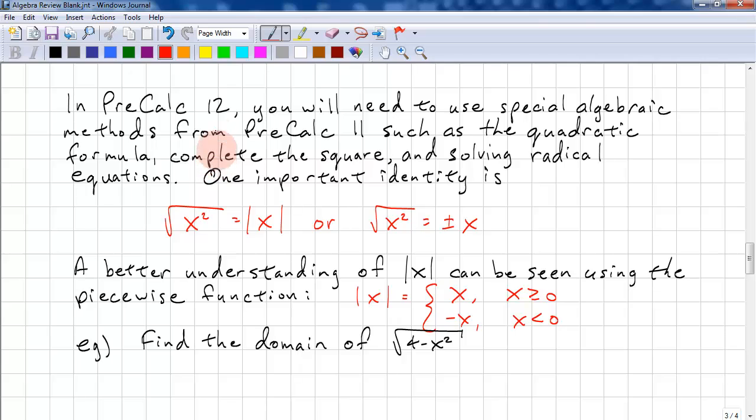Now, in Pre-Calc 12, you need to use some special algebraic methods from Pre-Calc 11, such as the quadratic formula, complete the square, and solving radical equations. And one important identity that you need to remember is the square root of x squared is the absolute value of x. Or the square root of x squared is equal to plus or minus x.